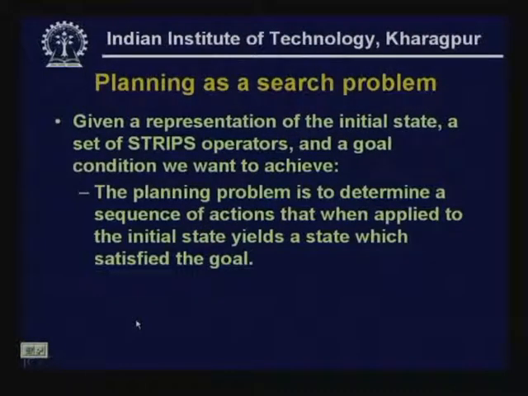Now, let us see how planning can be looked upon as a search problem. We are given a representation of the initial state, a set of STRIPS operators and a goal condition that we wish to achieve. The planning problem means that we have to determine a sequence of actions which when applied to the initial state yields a state which satisfies the goal.